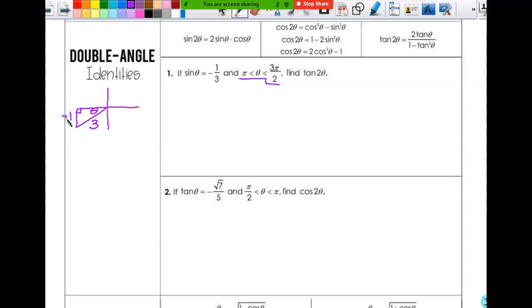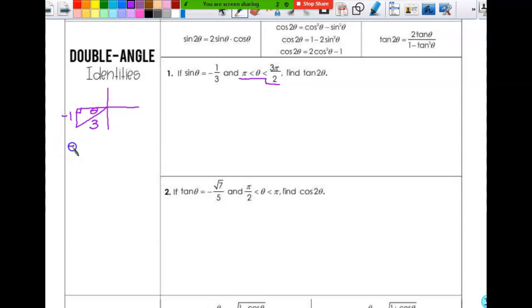Then I need to figure out if I even need to know what the x value is. So when I go to find tangent of 2 theta, there's only one option. And so in order for me to find tangent of 2 theta, I'm going to have to know what tangent of theta is. That's what we have over there is theta. To find tangent, I need y and x, so I am going to have to find this. So what can I do to figure out the x value?